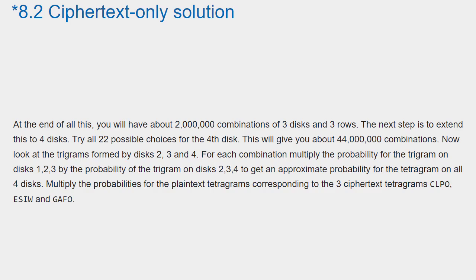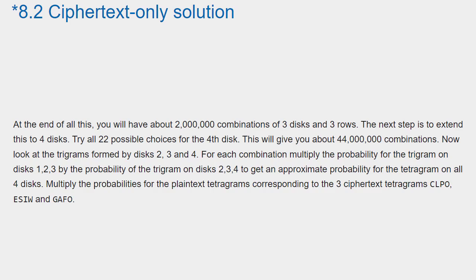The next step is to extend this to 4 disks. Try all 22 possible choices for the fourth disk. This will give you about 44 million combinations. Now look at the trigrams formed by disks 2, 3 and 4. For each combination, multiply the probability for the trigram on disks 1, 2, 3 by the probability of the trigram on disks 2, 3, 4 to get an approximate probability for the tetragram on all 4 disks.